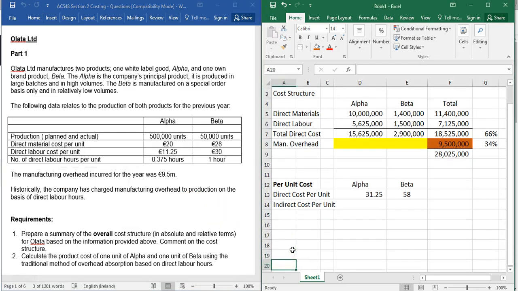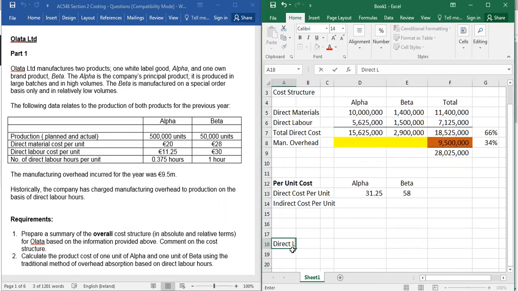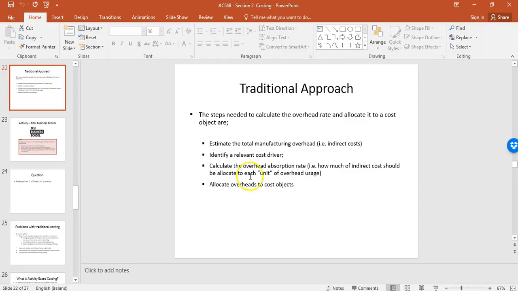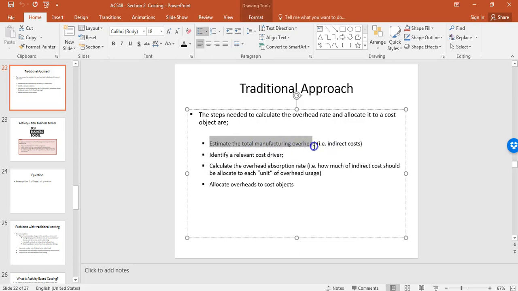So you first get the direct labor hours for each of them. So you need to get the total direct labor hours first, and then you figure out the rate per hour. So remember, go back to your slides in that regard. So you estimate the total manufacturing overhead. We have that, it's 9.5 million. We know the cost driver, we've identified just one, it's direct labor hours.